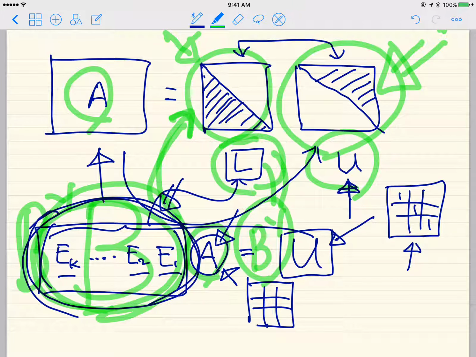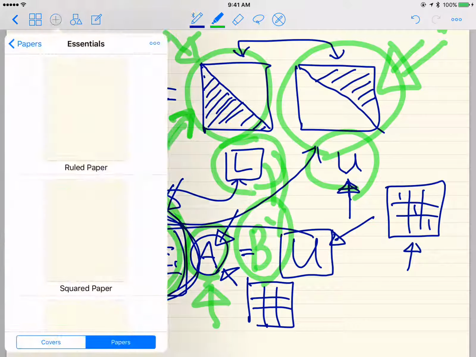Okay, so here, regardless of what A is, suppose A is not an invertible matrix, or A is not even square, because in that case we cannot even talk about whether it's invertible or not.